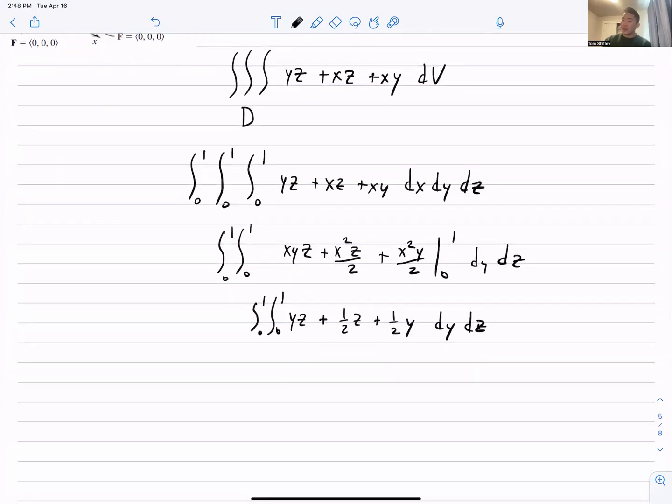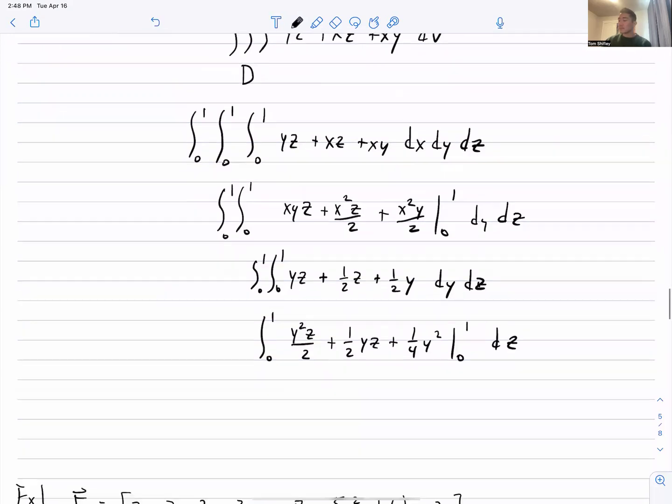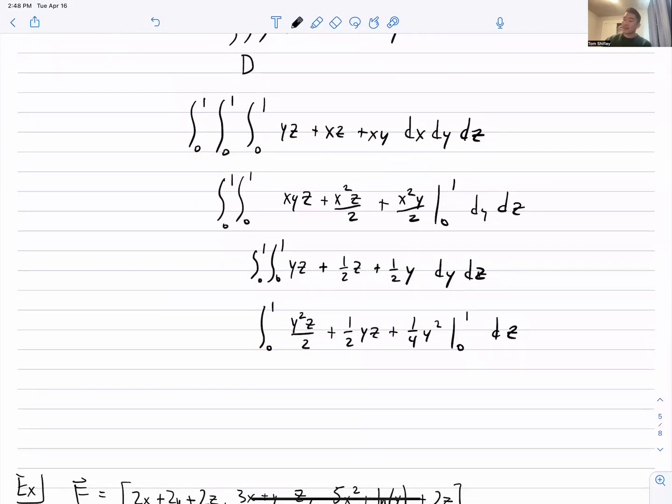Integral with respect to y, we get y squared z over 2 plus 1/2 yz plus 1/4 y squared, evaluated from 0 to 1, dz. Whatever that ends up equaling, that will be 1/2 z plus 1/2 z plus 1/4, integral from 0 to 1 dz.